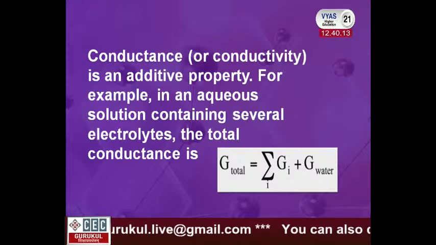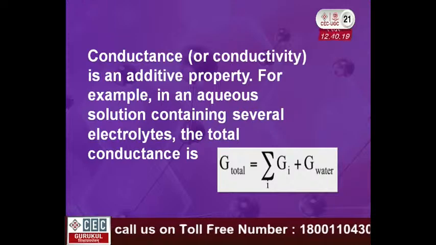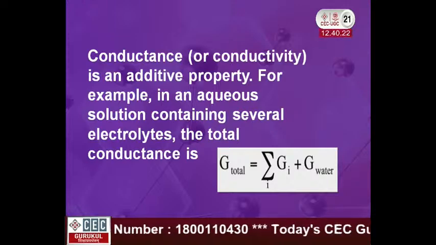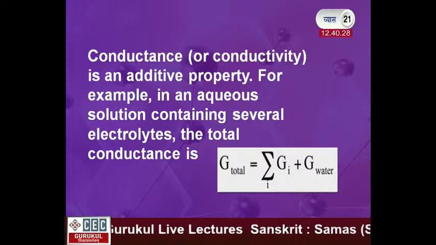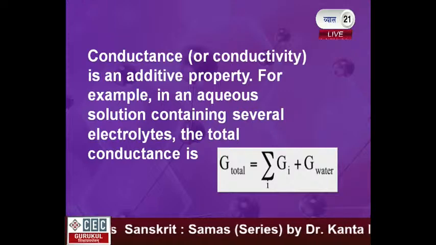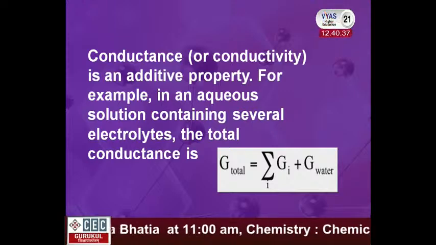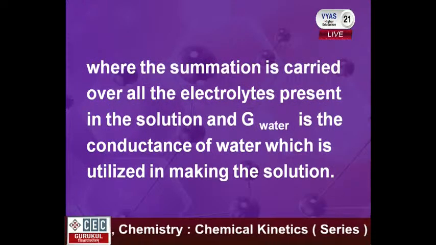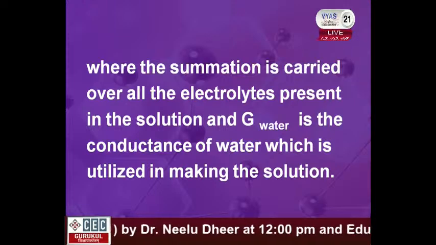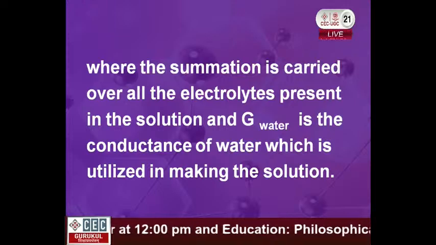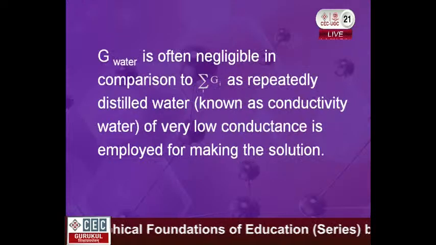Conductance or conductivity is an additive property. For example, in an aqueous solution containing several electrolytes, the total conductance G total is equal to the sum of the conductance of all the electrolytes, written as summation over i of Gi, plus G water, which is the conductance of water which is used in making the solution.